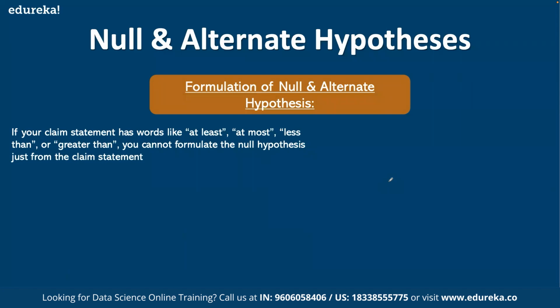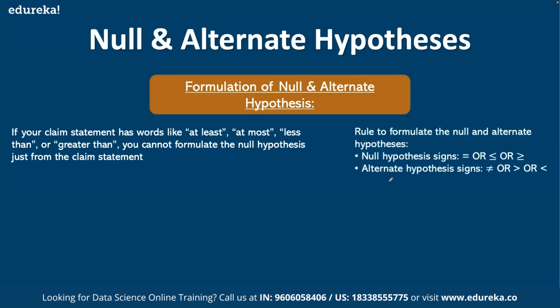In such scenarios, you cannot formulate the null hypothesis just from that claim statement, so you have to create something like this. The rule to formulate the null and alternate hypothesis is: equal to, greater than or equal to, or less than or equal to.